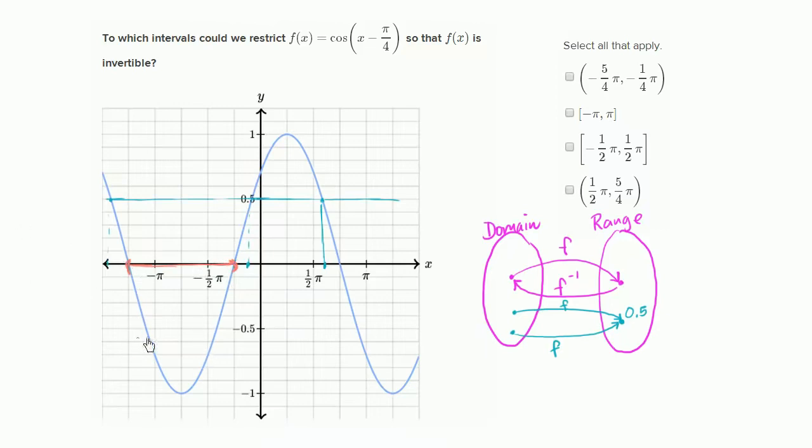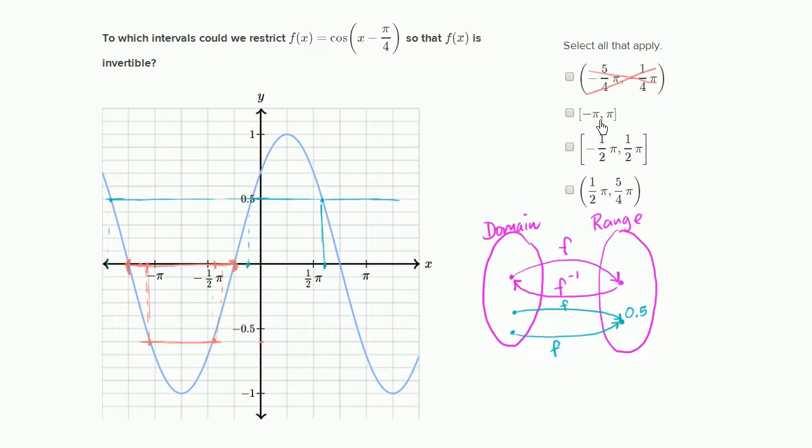Here I can still apply the horizontal line, and in that domain there are two members of the domain mapping to the same element in the range. If I'm trying to construct the inverse, what would f inverse of negative 0.6 be? Would it be this value here, or this value here? So I would rule this one out.